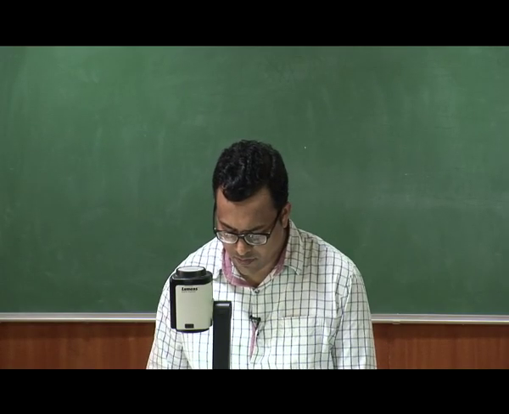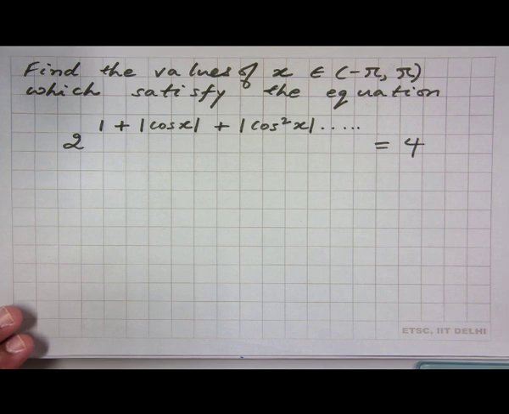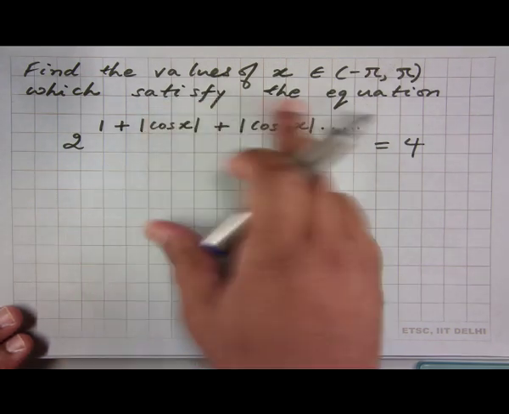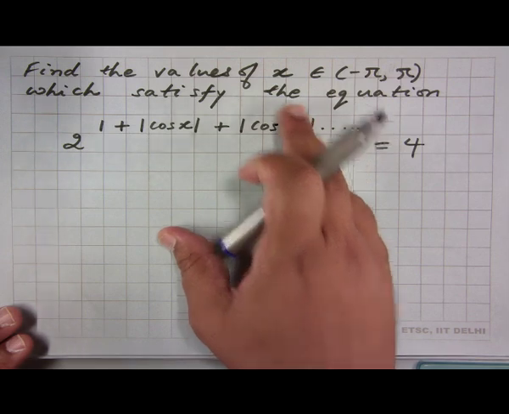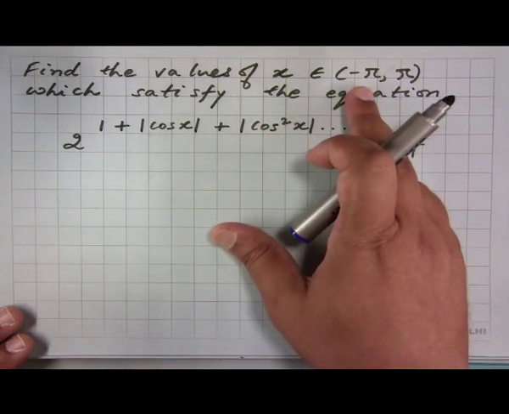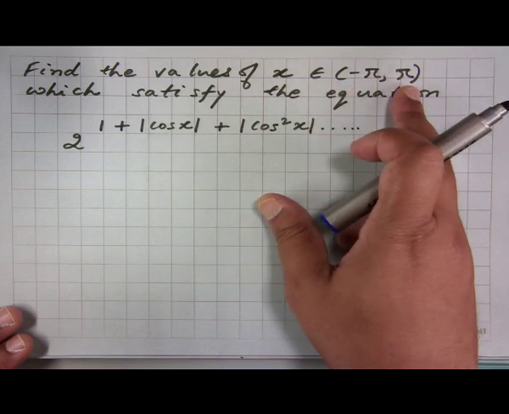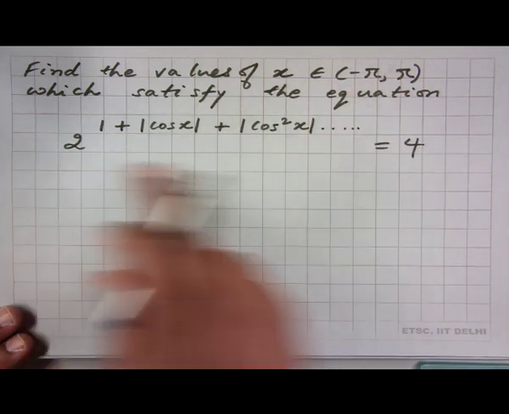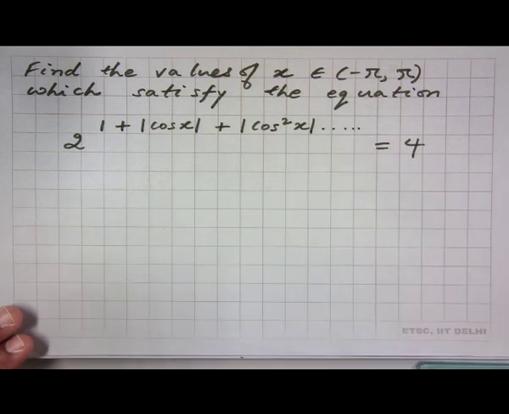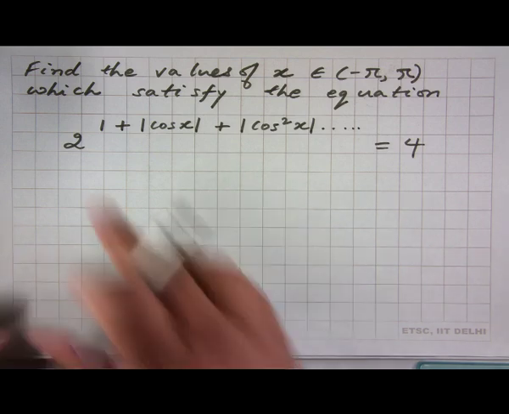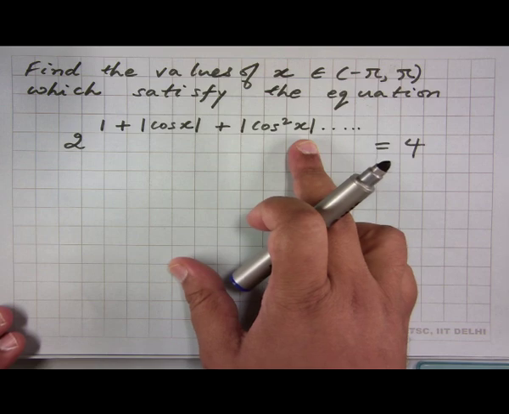We have another problem here, but here it is said that we would like to find the values of x only in the interval minus pi to plus pi, which satisfy this equation. So, we have 2 to the power of a series here.